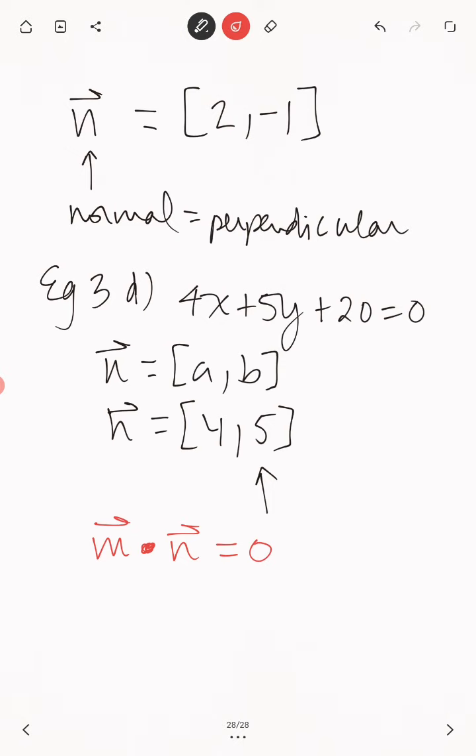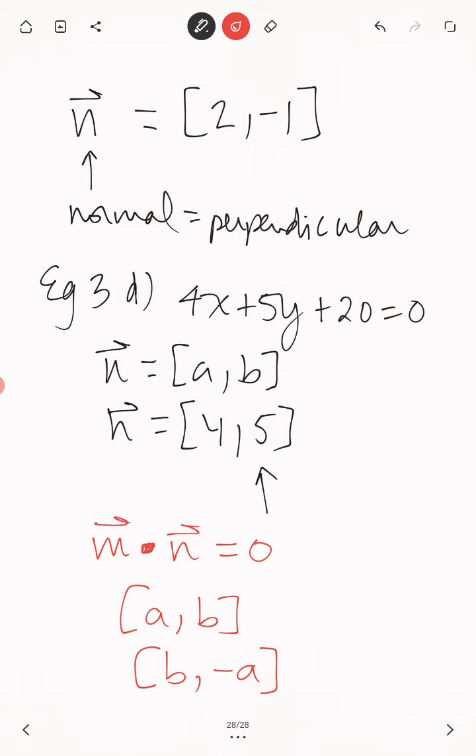I don't know if you remember, back in the beginning of chapter 7, I talked about a vector where you take the components and you switch them and make one of them negative.